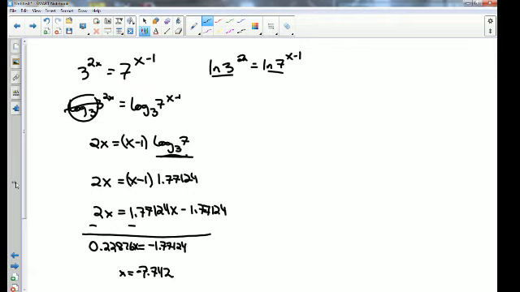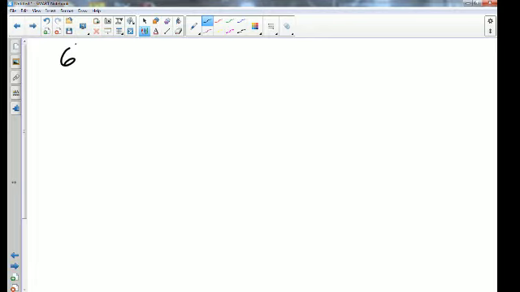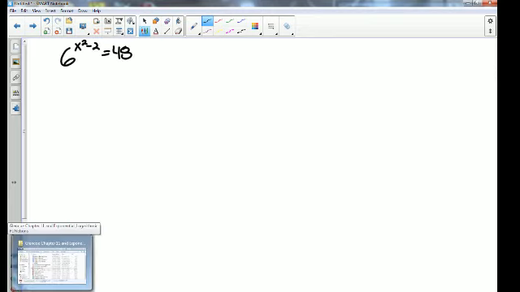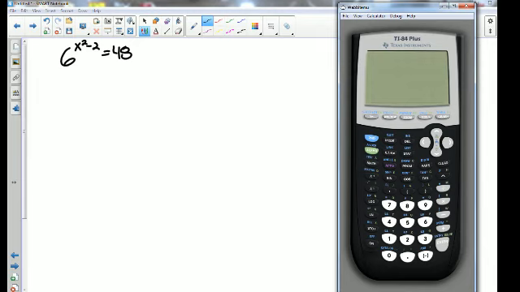Do you want me to show you an equation solved on the calculator? Okay, let's do that. Where is that true? 6 to the x squared minus 2 equals 48.